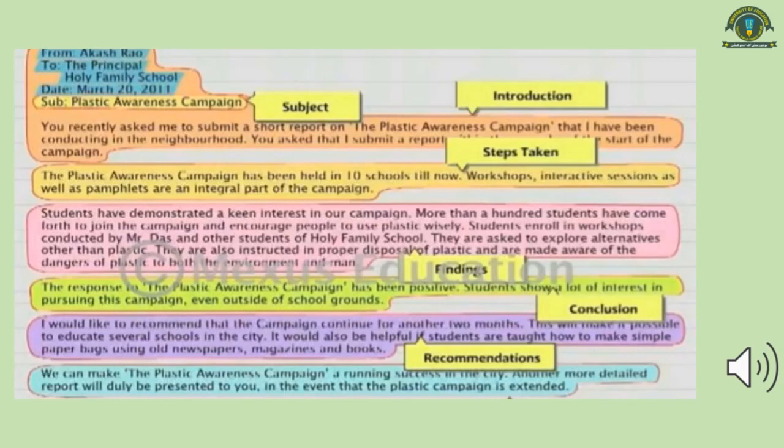And after introducing the issue, there are some steps which are being taken in this regard. These are mentioned here.